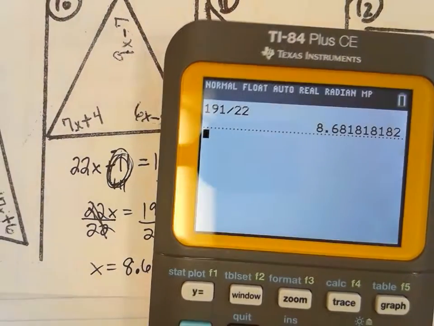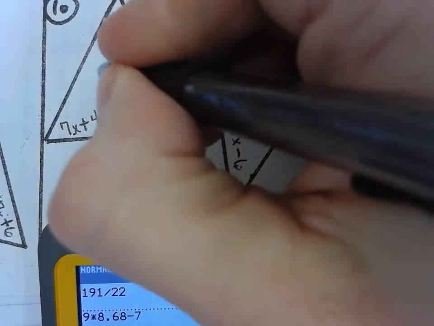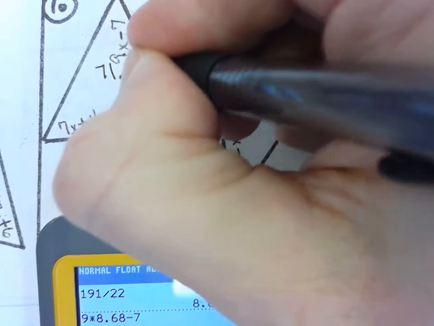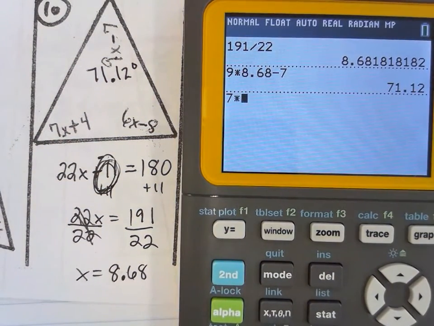I'm going to do 9 times that. 9 times 8.68 minus 7 is 71.12 degrees. Alright, now I'm going to do 7 times 8.68 plus 4.